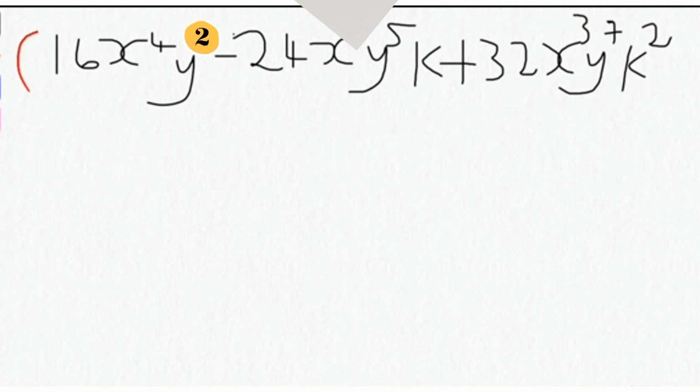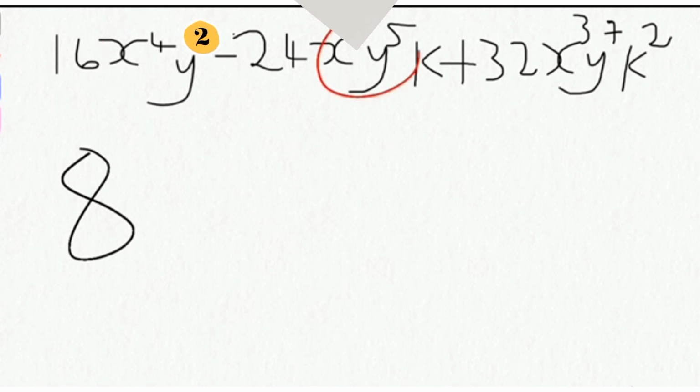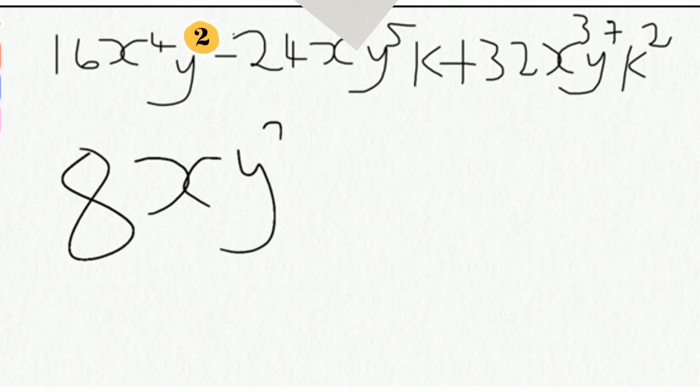We must find the highest common factor of the coefficients 16, 24, and 32. The highest common factor of these three numbers is 8. Next, we find the highest common factor of the variables, which one is common to all the three terms: x, y squared, and then we open the bracket.